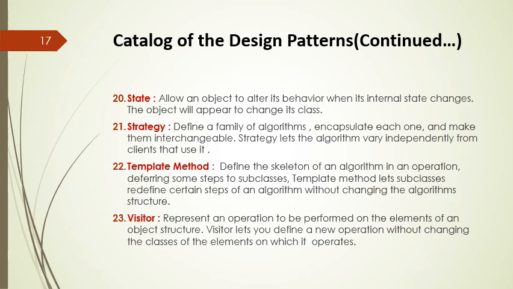Template method lets subclasses redefine certain steps of an algorithm without changing the algorithm's structure. And the last one is visitor. Represent an operation to be performed on the elements of an object structure. Visitor lets you define a new operation without changing the classes of the elements on which it operates. So these were the 23 design patterns according to GoF, that is Gang of Four authors.